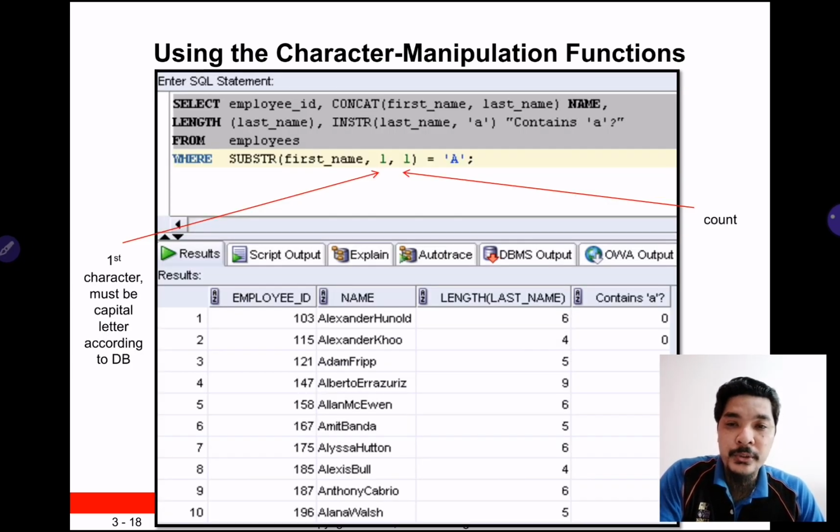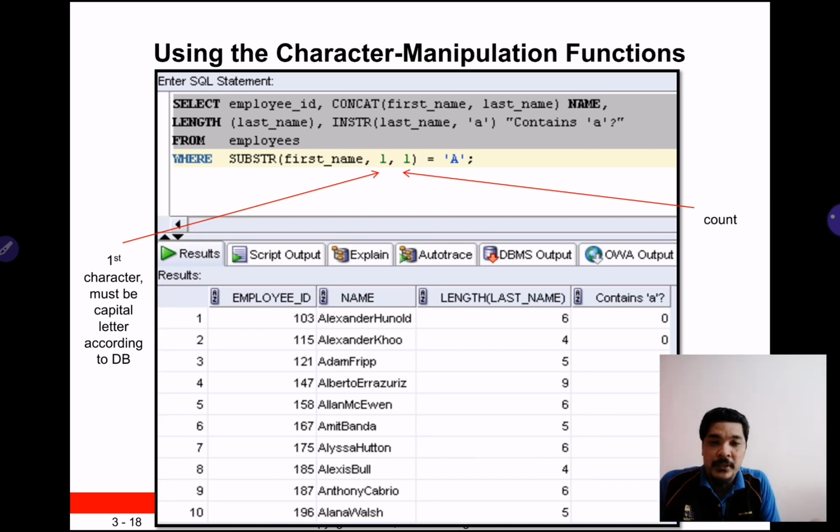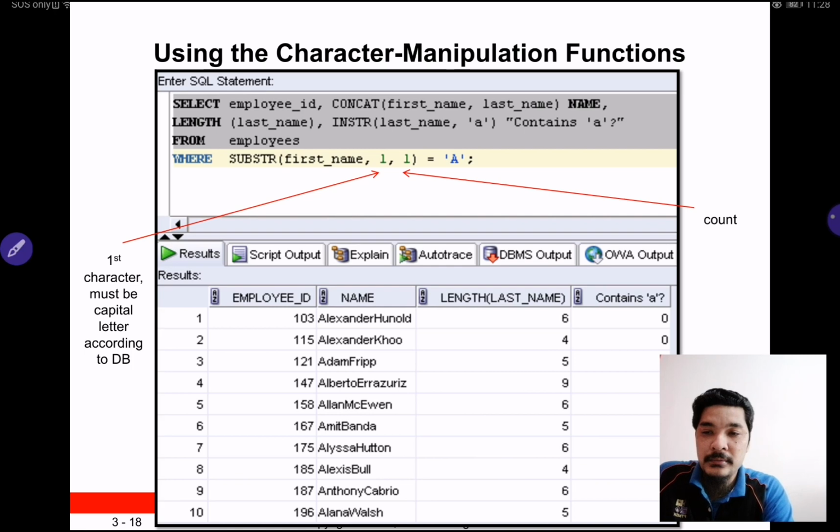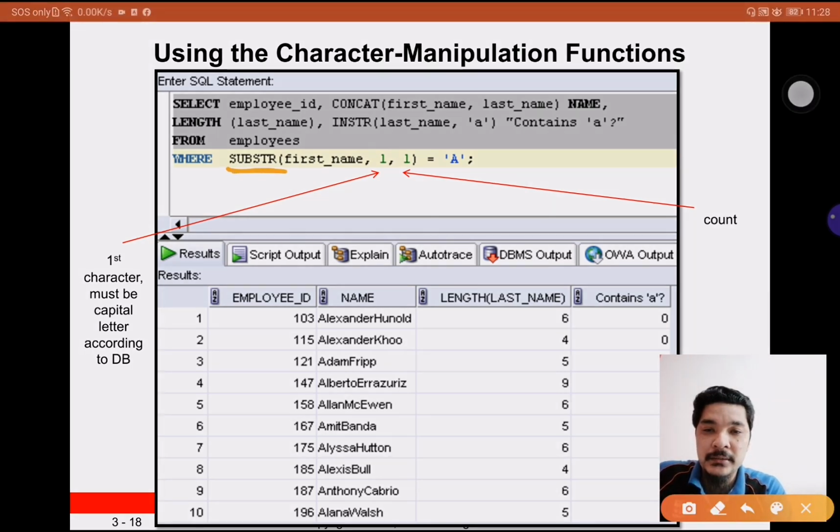Okay, this is also going to be the same. If you understand, then of course you can find the output here. For example, A and A, SUBSTR here, find the first name 1 and 1.